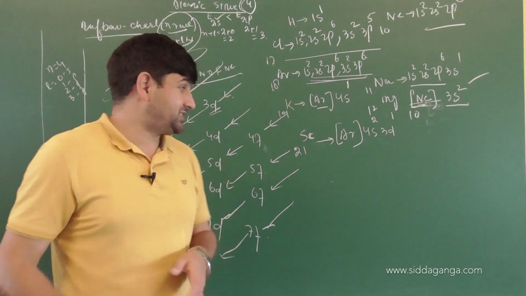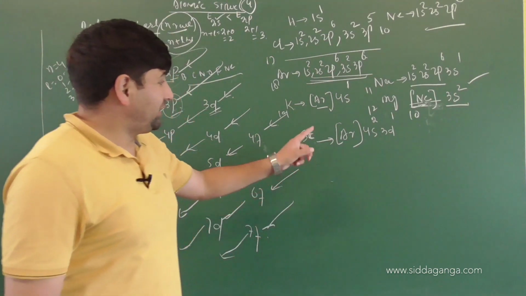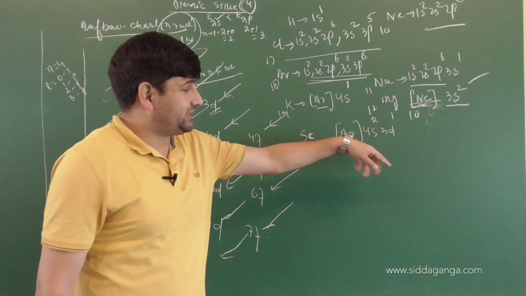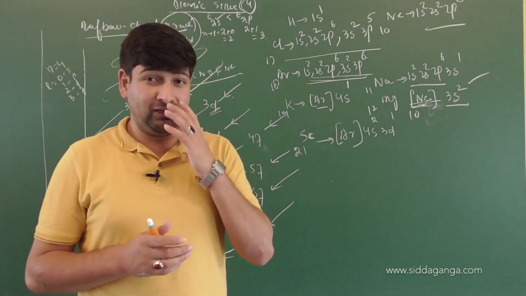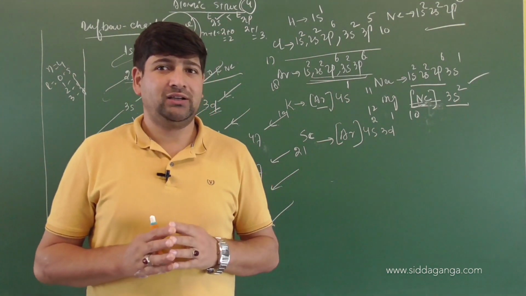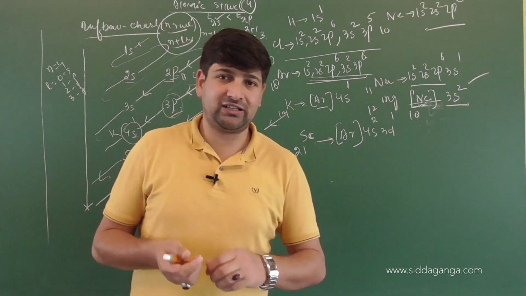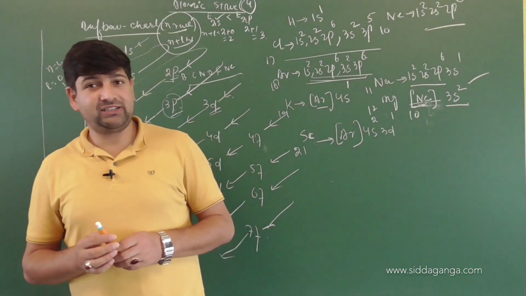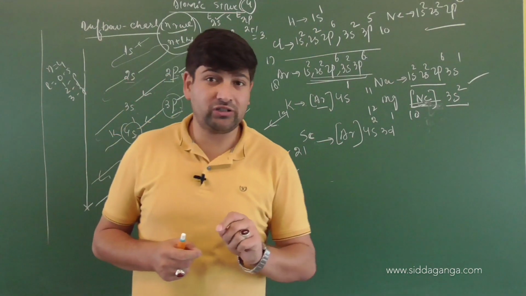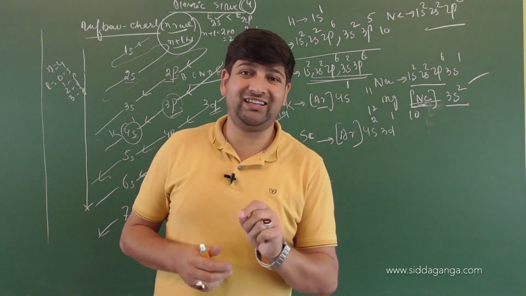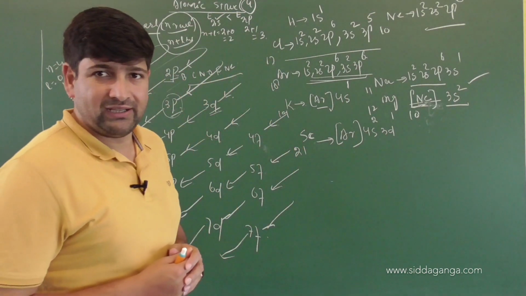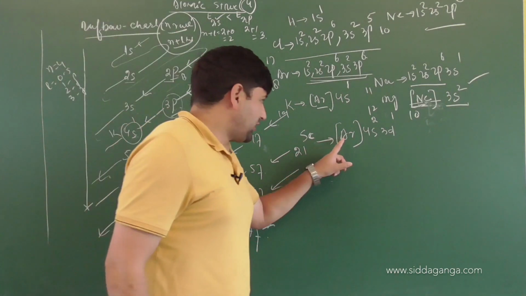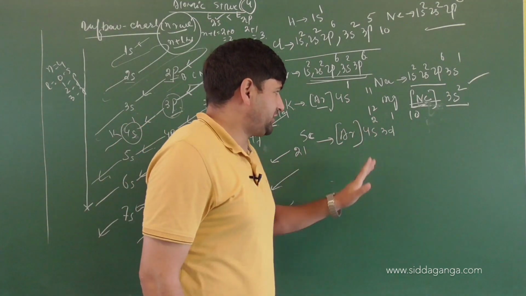So we have d1, d2, d3, d4, d5, d6, because we know, children, when we move from left to right in the periodic table, the atomic number increases by 1. When I say the atomic number is increasing by 1, what I mean is that the number of electrons and number of protons in each element is increasing by 1. Clear? So argon 4s2 3d1, it's fine.